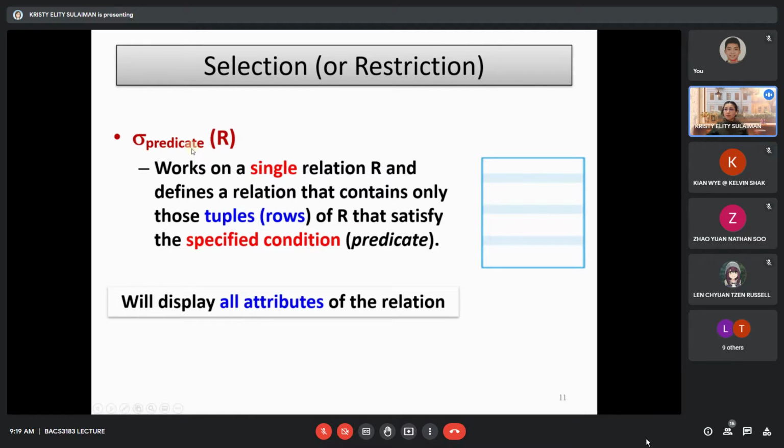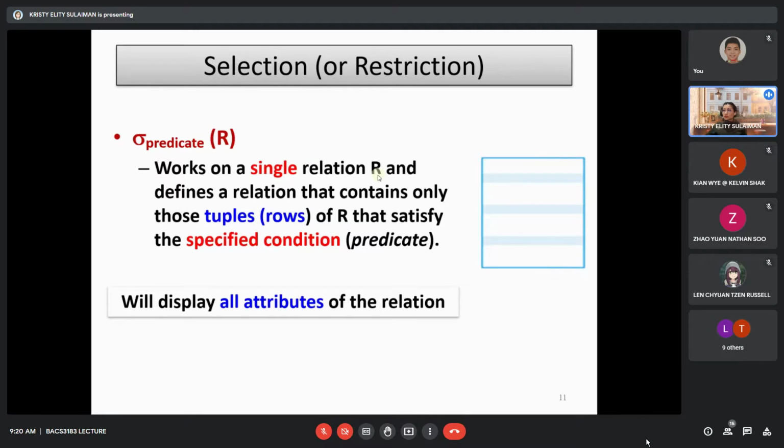To repeat, for the selection operation in relational algebra, we have sigma predicate R. The predicate is the specified condition that we want to find, and R is the table.